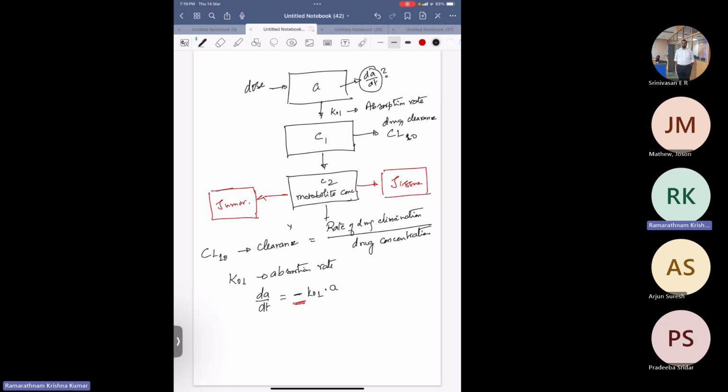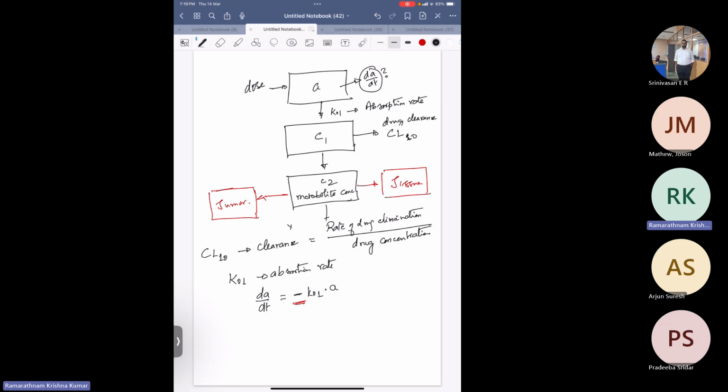This is the first physiology. Drug amount, clearances depend upon the drug amount itself, whereas dA by dt is proportional to A. That's why you have all this e power all the time. Clear? Yes, sir.